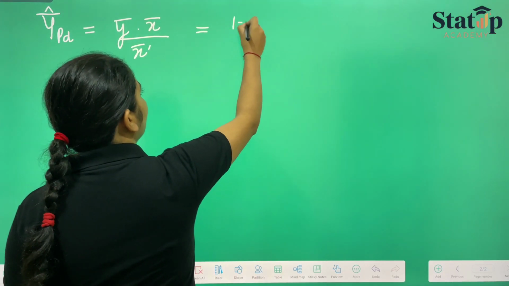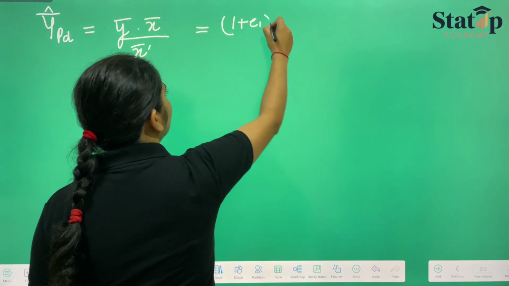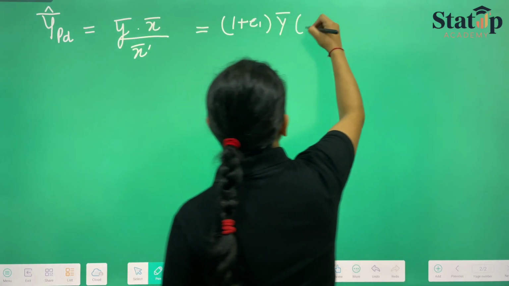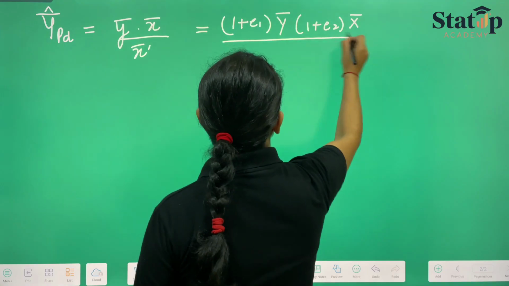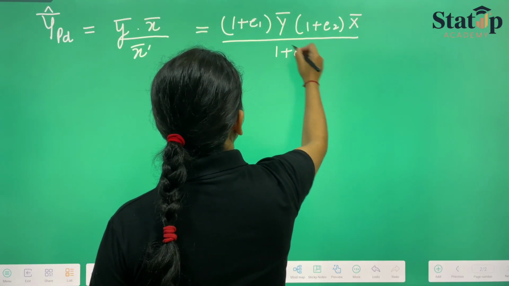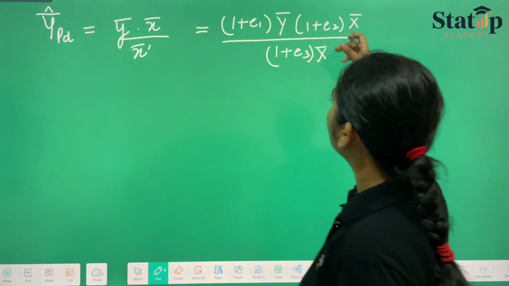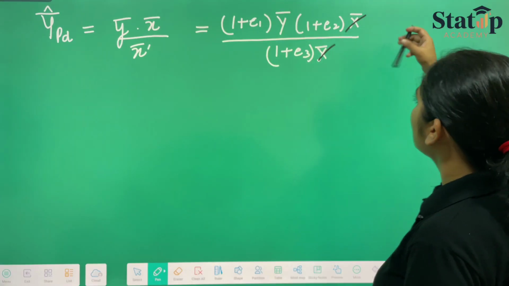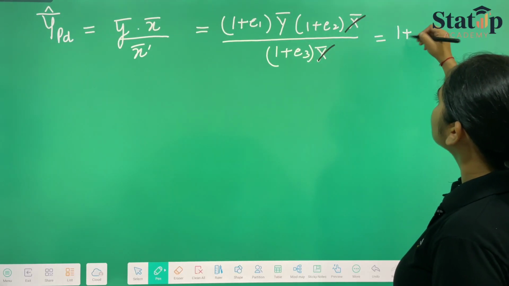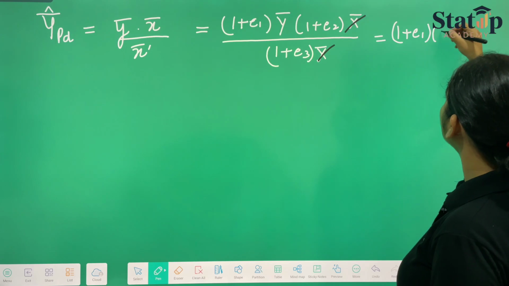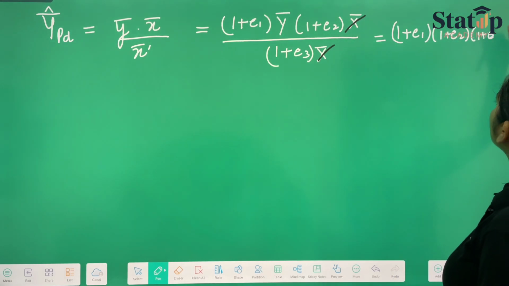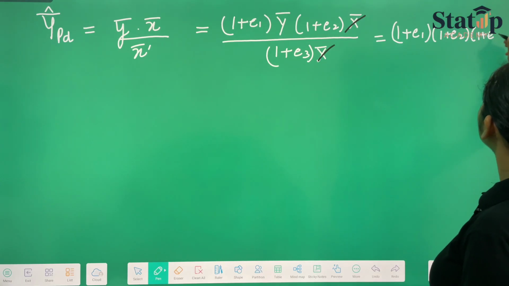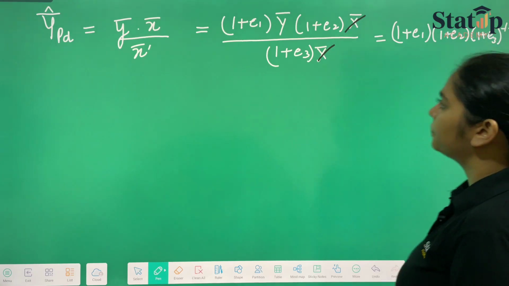Keeping the values, we will get 1 plus E1 capital Y bar, 1 plus E2 capital X bar upon 1 plus E3 capital X bar. Here capital X bar and capital X bar get cancelled and we are left with 1 plus E1 into 1 plus E2 into 1 plus E3 raised to the power minus 1 into capital Y bar.